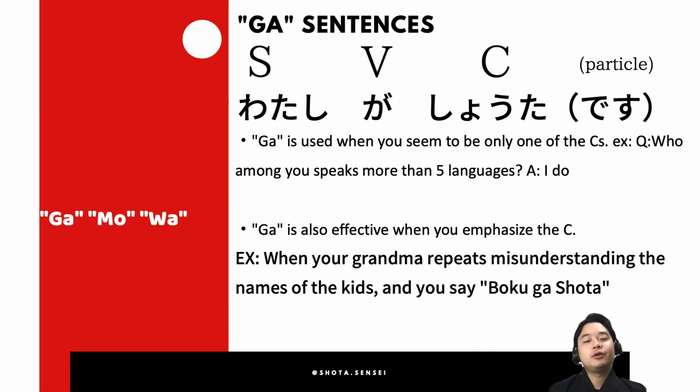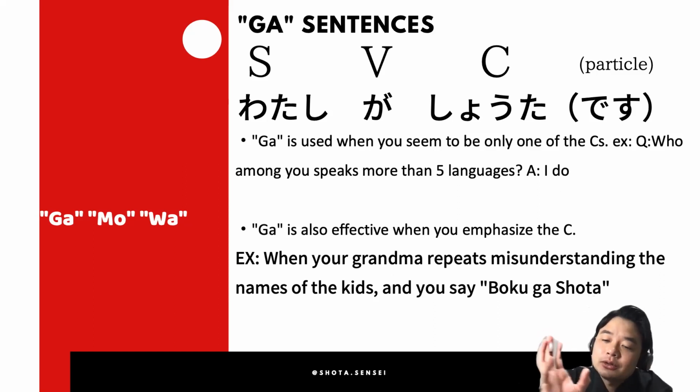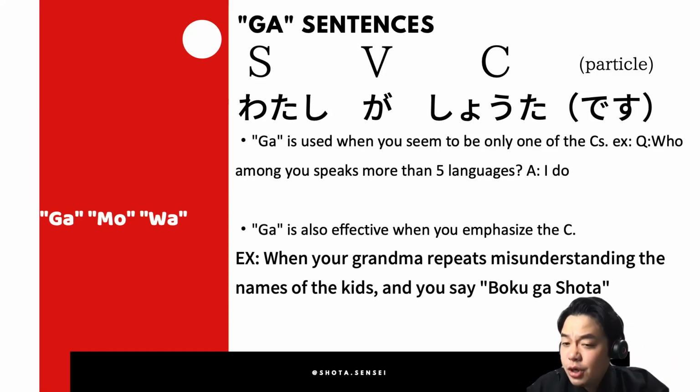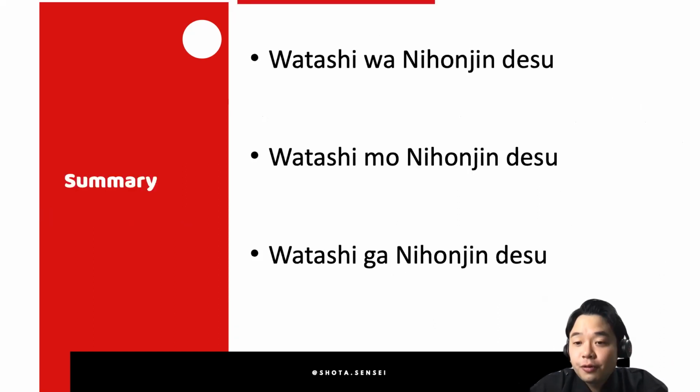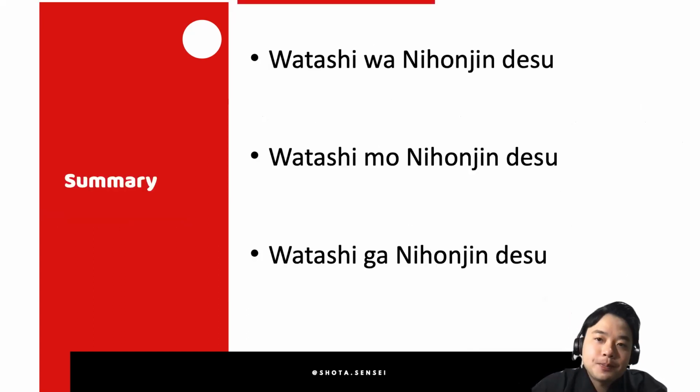But then I say, Grandma, I am Shota right here. That's Yuta. I am Shota. So then you want to emphasize yourself, right? Meaning, I am Shota, not him. In that case, you can also say, 僕がShota or 私がShotaです。Okay, so when the complement stands out or when the complement is limited in the context, you can choose this ga form, all right? So these are the differences of wa, mo, and ga forms, all right?